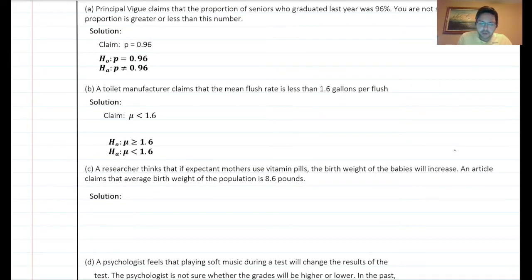So mean less than 1.6. So that's my alternative. And now if the claim is the alternative, which the claim is the alternative in this example, then the null is going to be the opposite. The opposite of less than is greater than or equal to. So therefore, this is the complement.